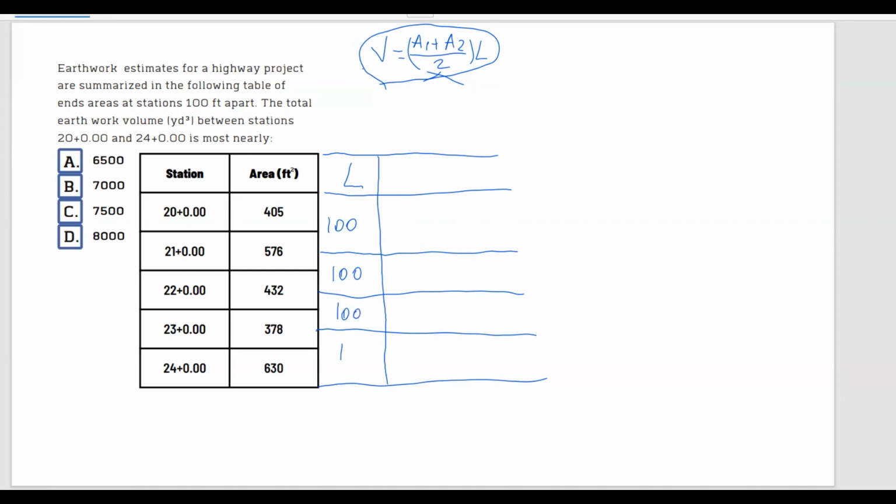We have stations 100 feet apart. And here we're going to have volume in feet cubed. The way we're going to calculate the volume is with this formula. So let's say V1, we're going to do 405 plus 576 divided by 2 multiplied by 100. Okay, let's go ahead and do that.